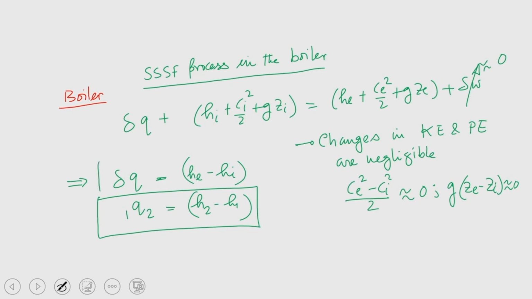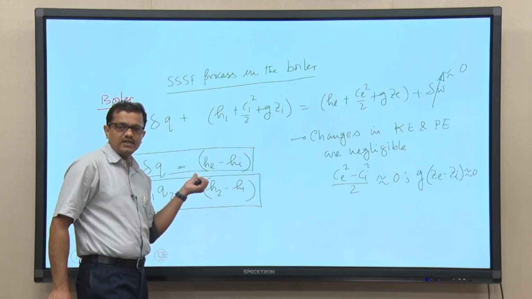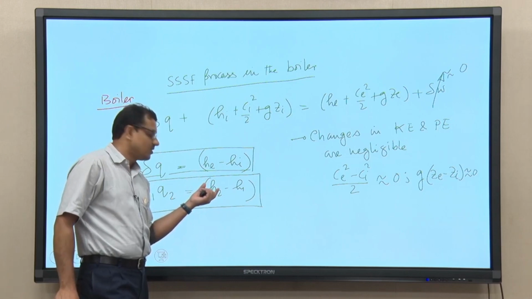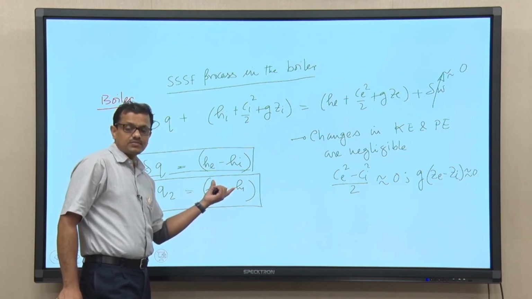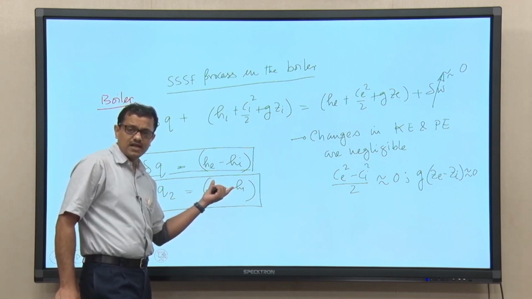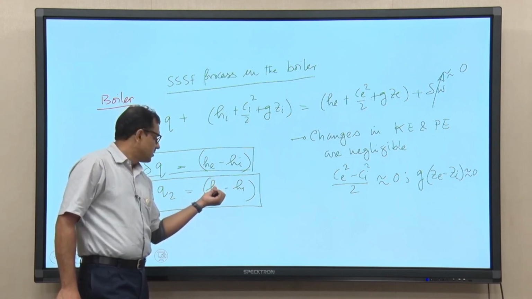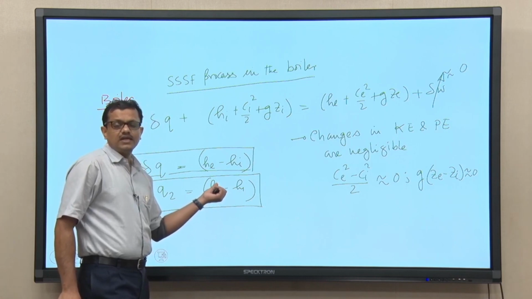You must know that this heat and work, these two are not exact differentials. So, the amount of heat that must be added to the boiler will be the change in enthalpy of the working substance between inlet and outlet.